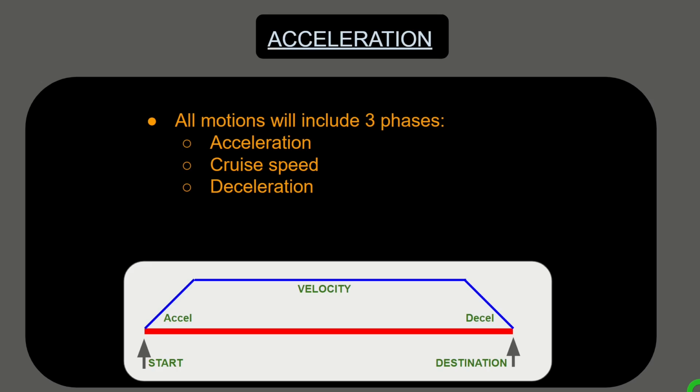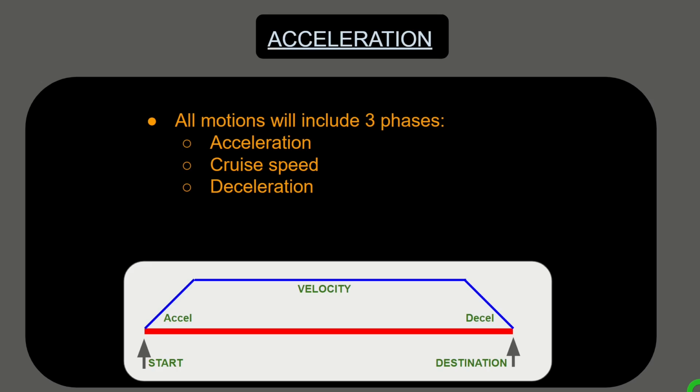That starting point, and in the case of this motion, ending point, may or may not be 0 inches per second. In practice, we'll actually be stopping at a value a little bit more than 0. But the 3 phases are always acceleration, I call it cruise speed for the duration of the motion, and then deceleration.